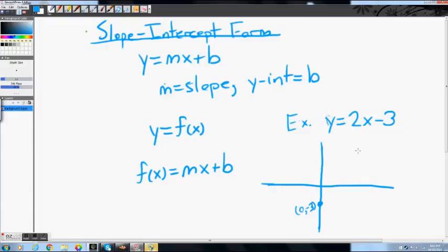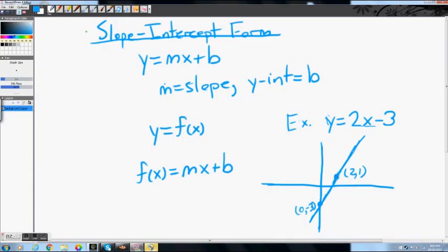Now let's graph the value, let's say 2. We put 2 in here for our value of x. 2 times 2 is 4, 4 minus 3 is 1. So the point is 2, 1. And this is what our line will look like.